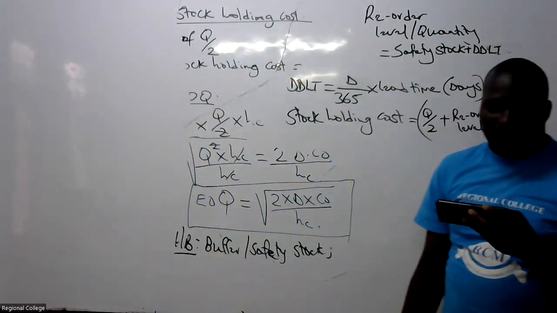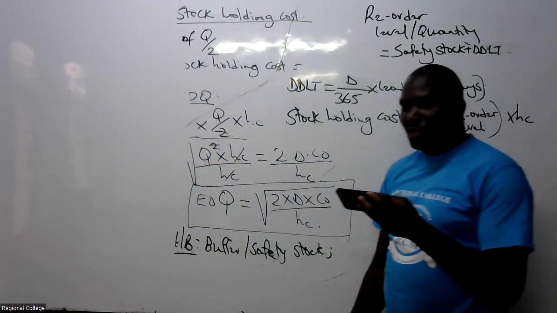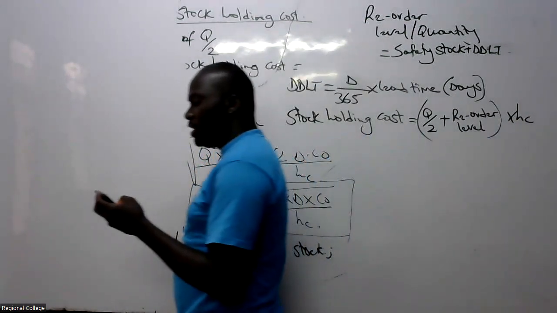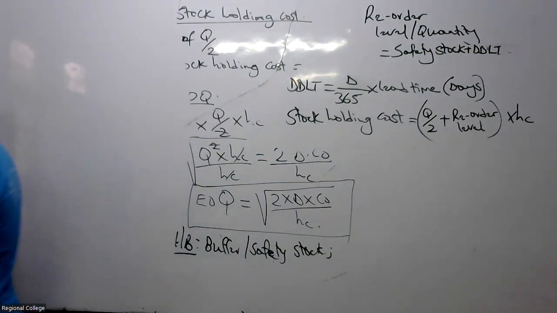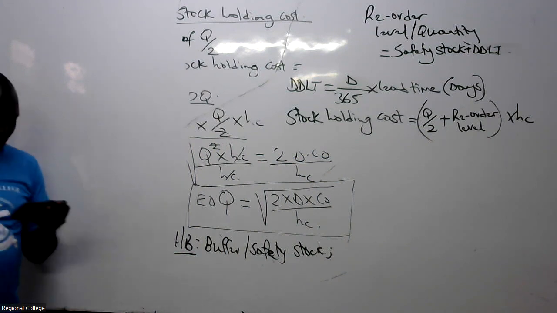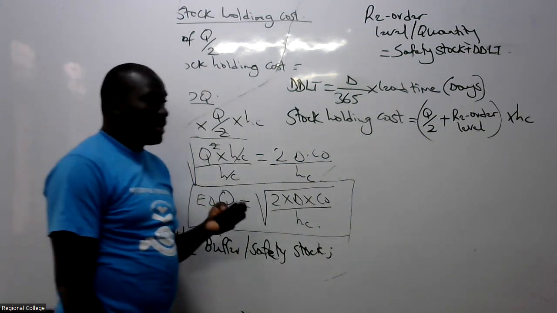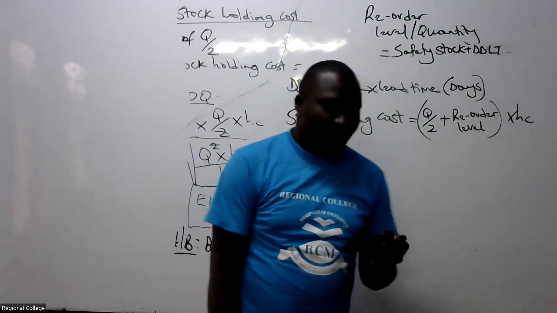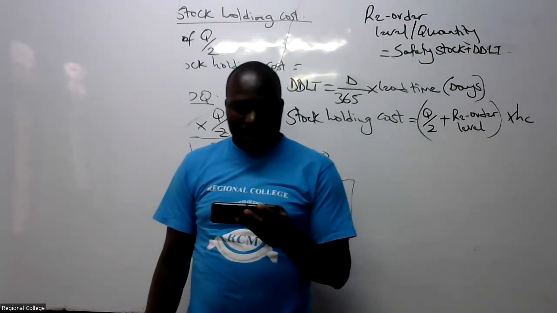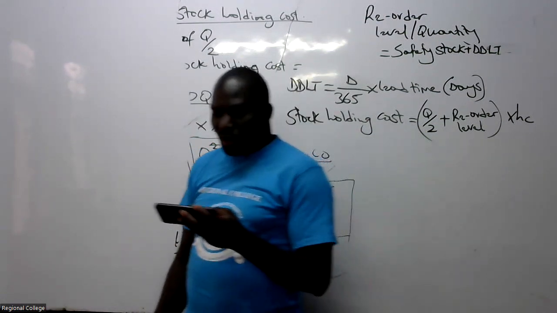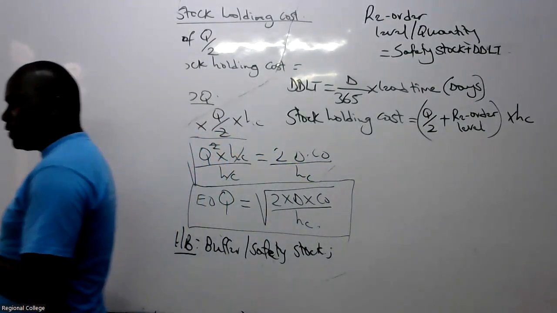Now, the following information relates to inventory relationships of XZ Limited. Annual purchases is 2,160,000. The purchase price per unit is 60. The holding cost is 15% of the purchase price per unit. Cost per order placed is 240.